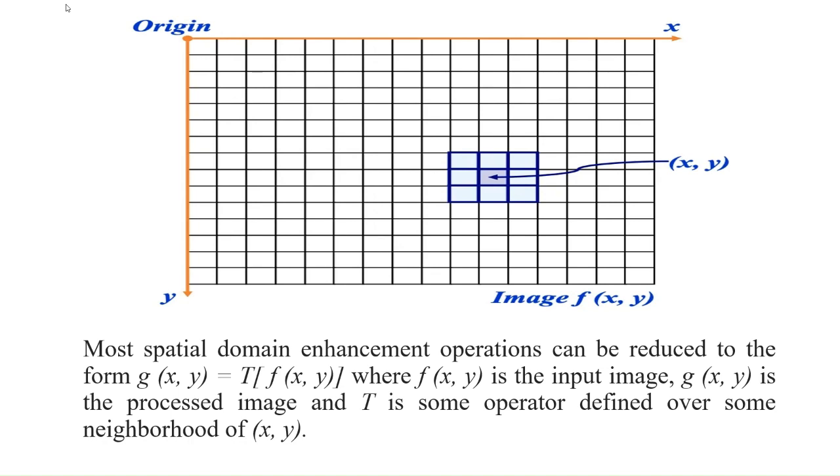Most spatial domain enhancement operations can be reduced to one formula, that is g(x, y) = T[f(x, y)], where f(x, y) is the input image, g(x, y) is the processed image, and T is some operator defined over some neighborhood of (x, y).